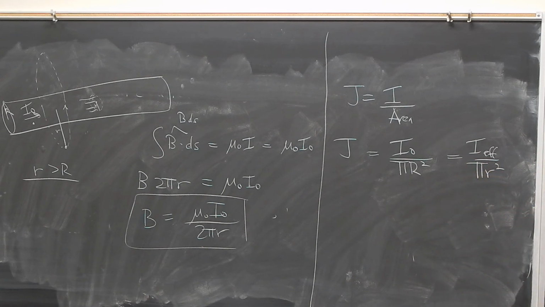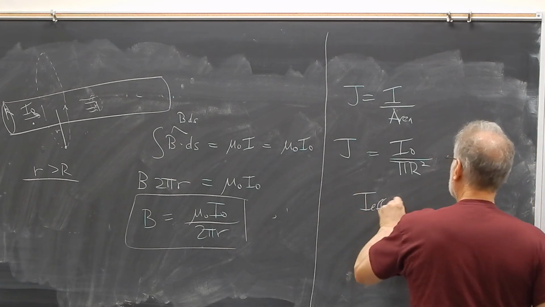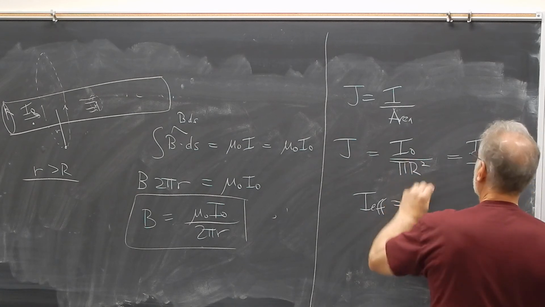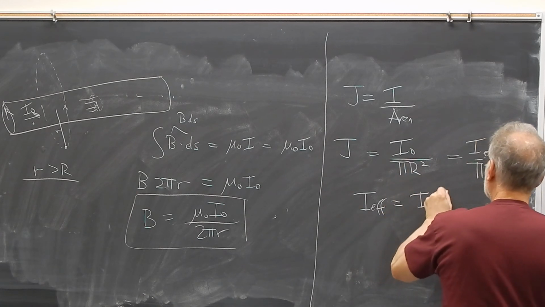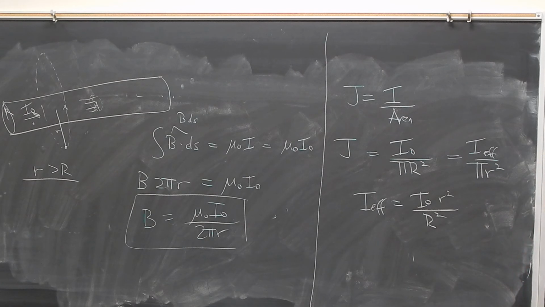Current density is always current per unit area. So I can find my effective current as I naught little r squared over capital R squared.